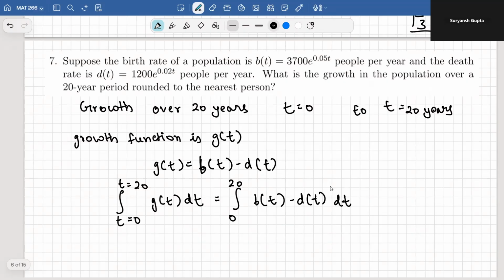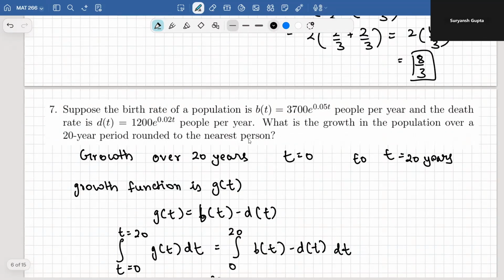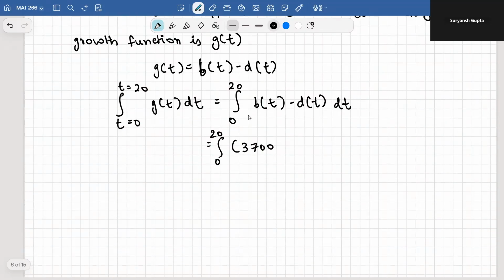Now we can plug in the functions and their values, and we end up getting the integral from 0 to 20 of 1700 from the values here, 3700 e to the power 0.05t, which is my birth rate value, subtracted by my death rate, which is 1200 e to the power 0.02t dt.